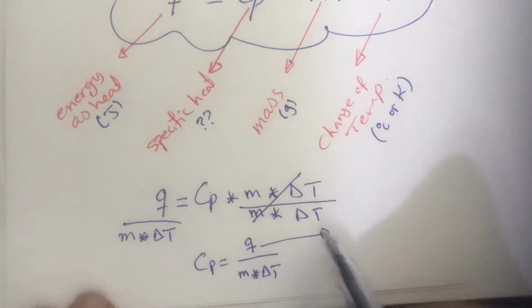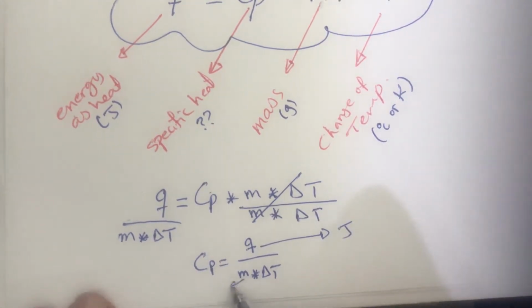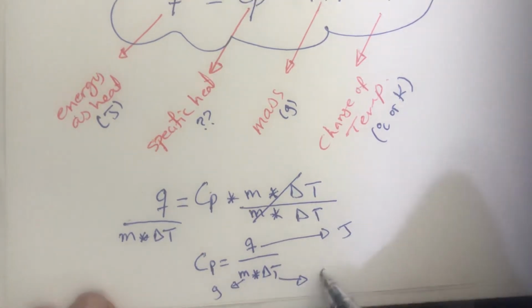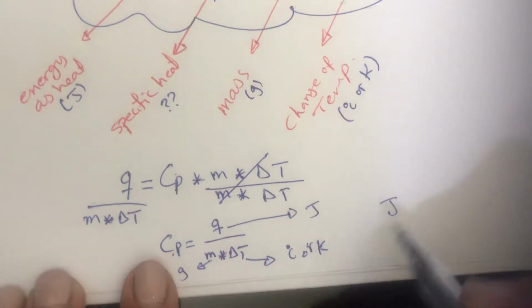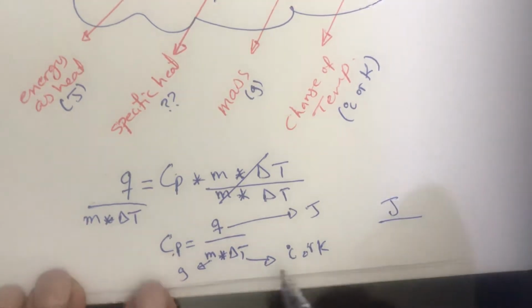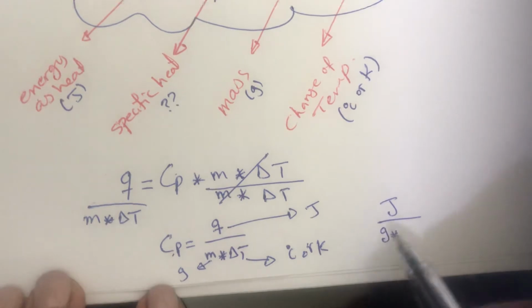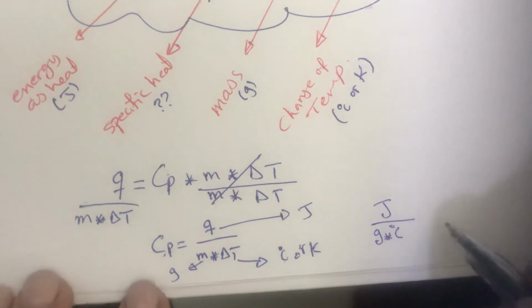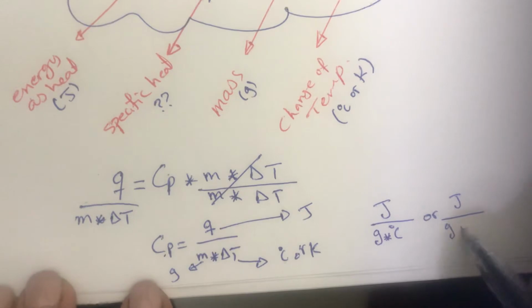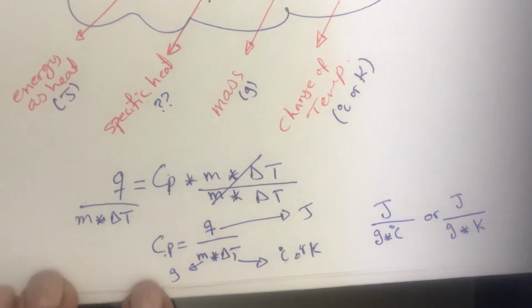So what is the unit for energy? Joule. The unit for mass is gram, and the unit for T is Celsius or Kelvin. So the unit for specific heat equals joule per gram times Celsius, or joule per gram times Kelvin.